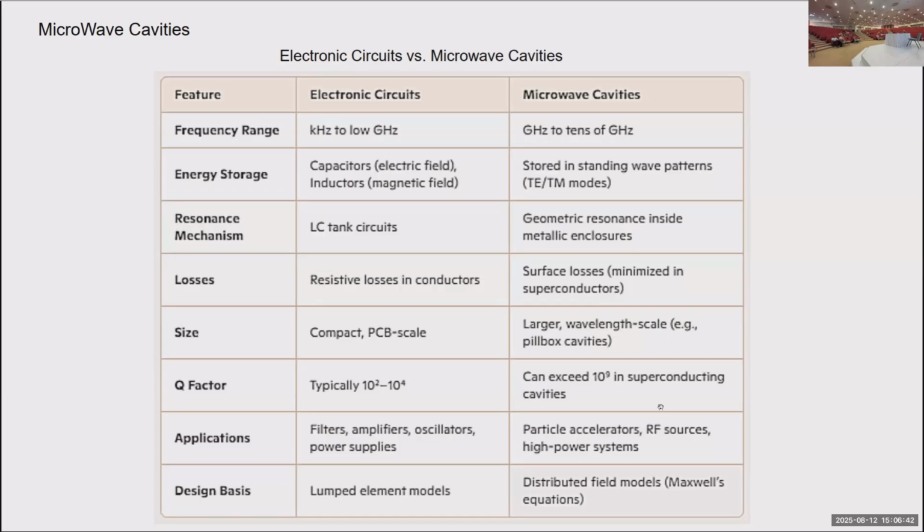Applications: the design basis for most oscillators is the LC circuit that we have talked about before. And the microwave cavity is a distributed field model. You solve the Maxwell equations, and you can do anything.